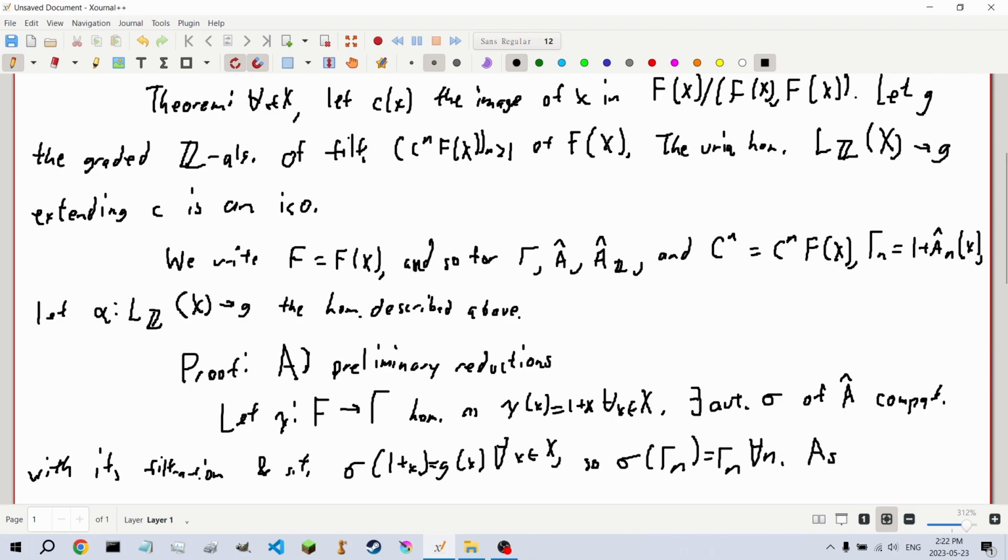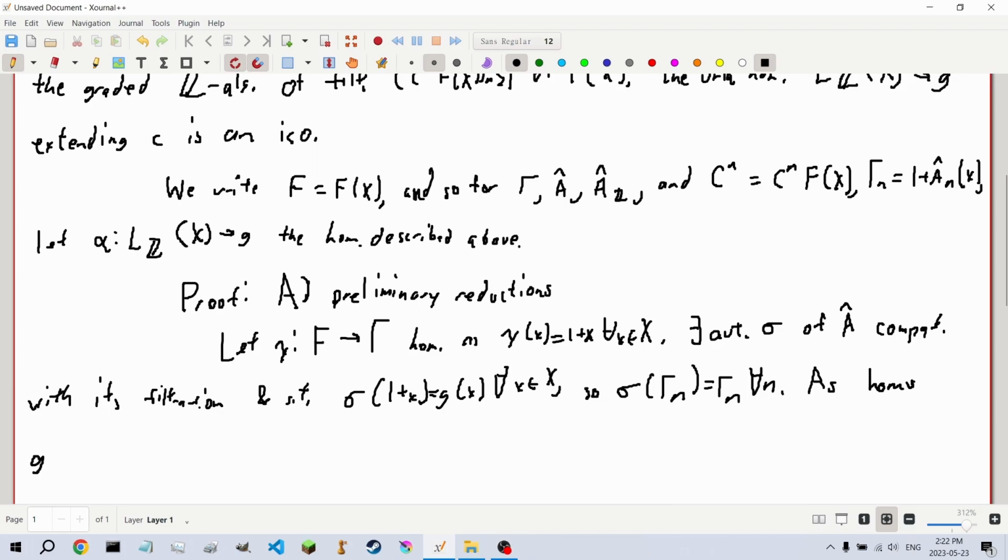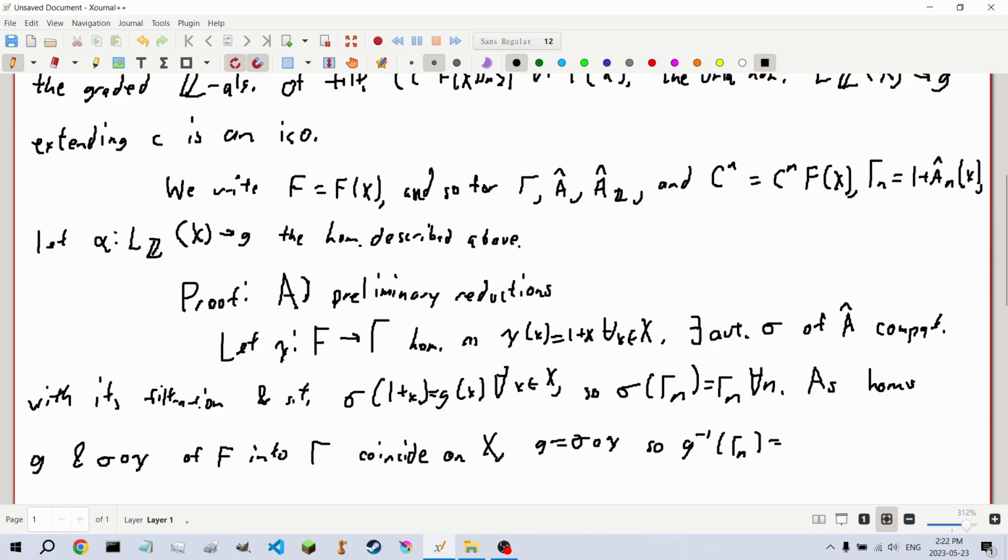As the homomorphisms g and sigma composed with gamma, from F into gamma, coincide on the generating set X, they are equal, so G inverse of gamma n is just going to be gamma inverse of gamma n.